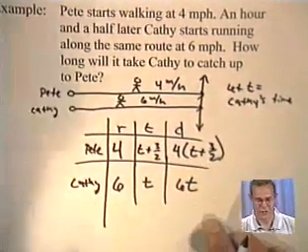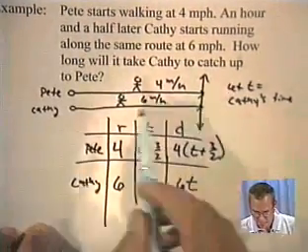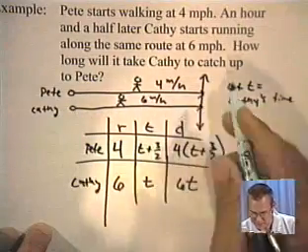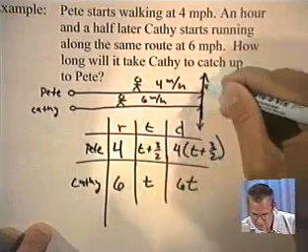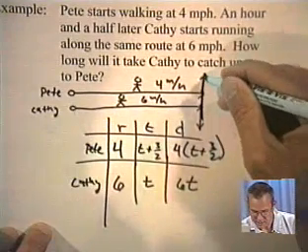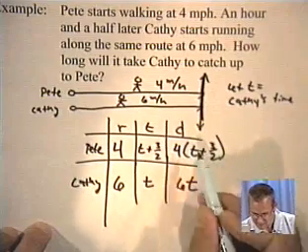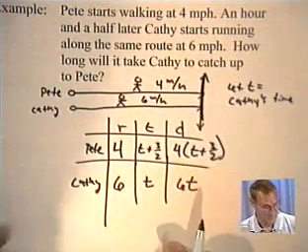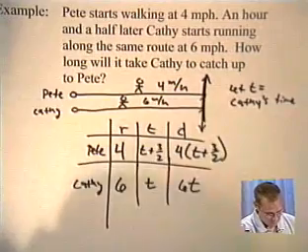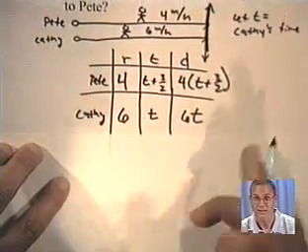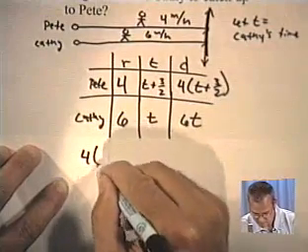Now let's figure out an equation. Well, the whole point of the problem is for Kathy to catch up to Pete. So notice, here's Pete's distance. It must equal Kathy's distance. So the equation then must be Pete's distance equals Kathy's distance.